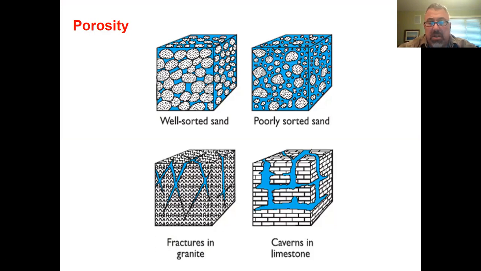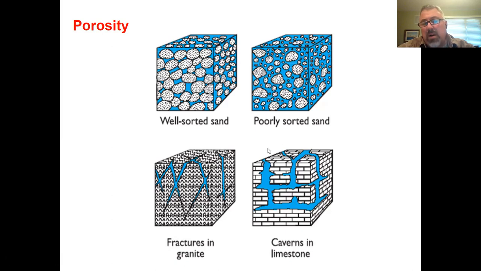In our particular area, we don't have granite, but we have areas that have cracks in our limestone. And when we look at limestone, we think about things like caverns, and that doesn't come into play for us, more of a southern Illinois, Kentucky, Missouri, Tennessee.